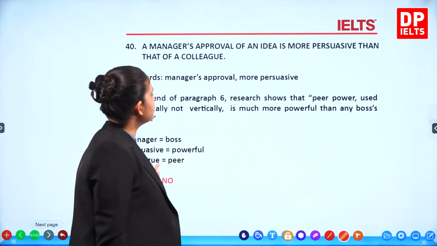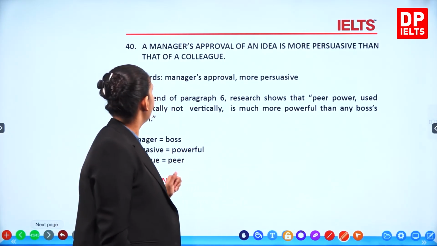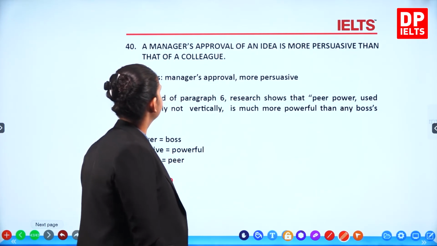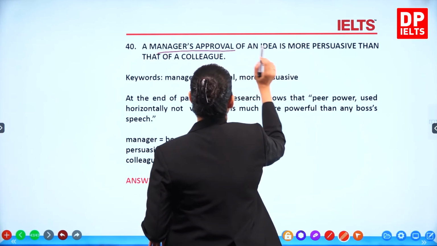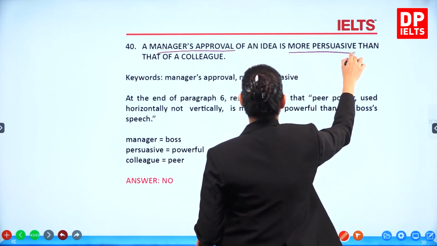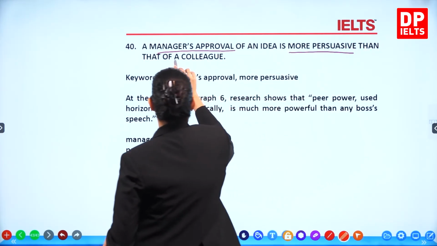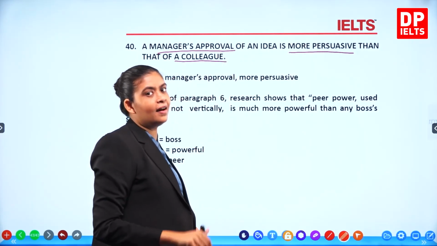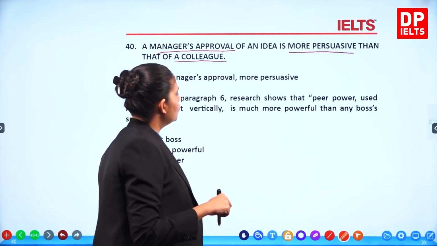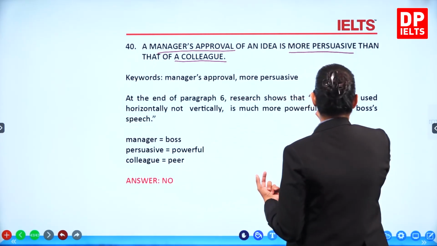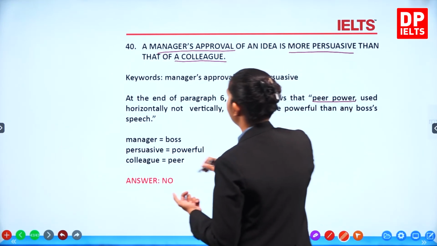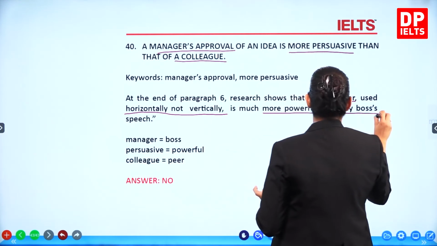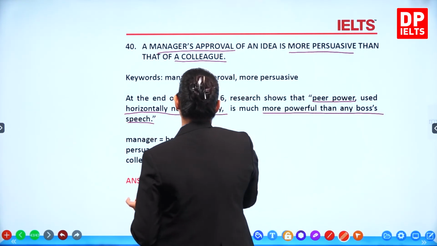And our last question for this paper. A manager's approval of an idea is more persuasive than that of a colleague, right? Go to the end of para 6. Research shows peer power used horizontally, not vertically, is much more powerful than any boss's speech.